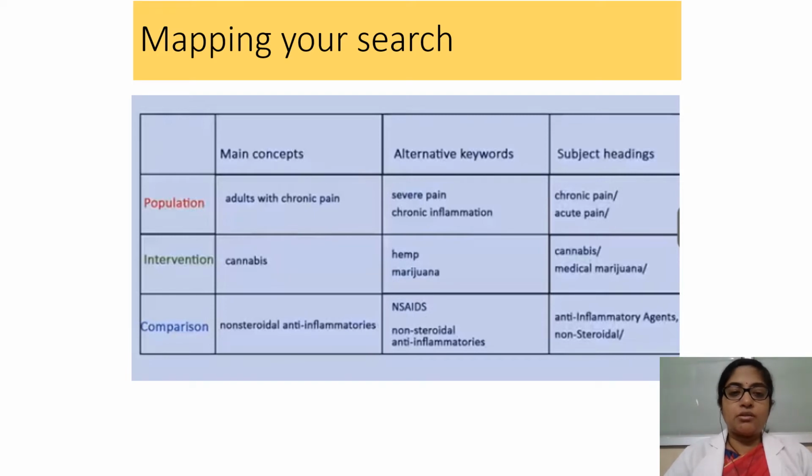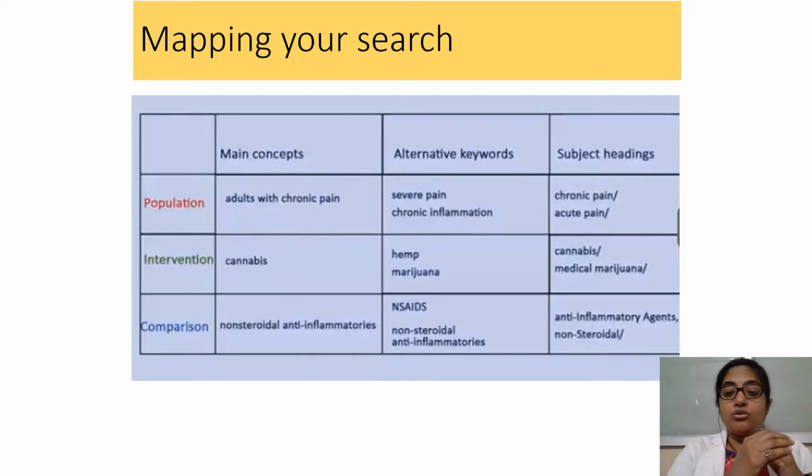Then intervention, cannabis. Alternate keywords for cannabis are hemp, marijuana, and subject headings are cannabis, medical marijuana. In the comparison group we have non-steroidal anti-inflammatories, for which we have alternative keywords, that is NSAIDs, non-steroidal anti-inflammatories, and for subject headings we have anti-inflammatory agents, non-steroidal.